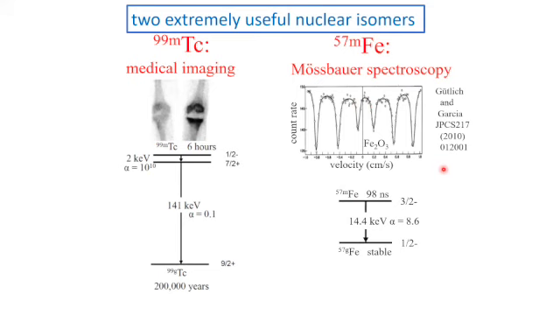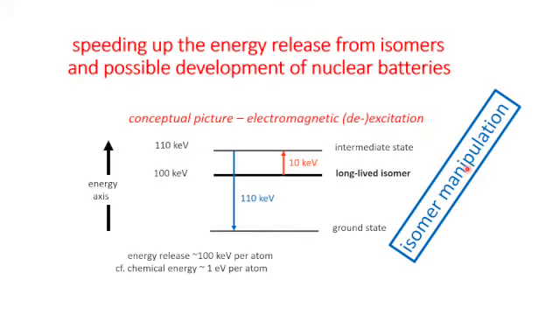But to go to less well-established aspects of isomer applications, it would be very desirable if the decay of a long-lived isomer could be speeded up and the energy extracted. So with conversion electrons, if you remove the conversion electrons, then the isomer decay slows down because it can't use the conversion electrons.